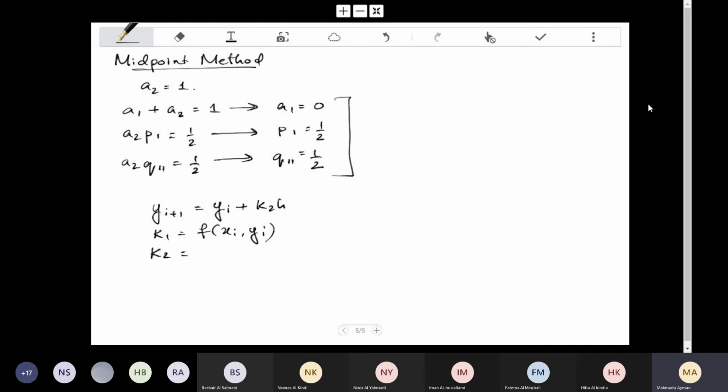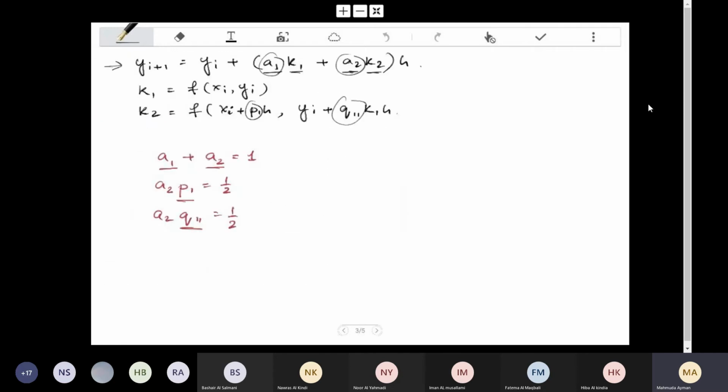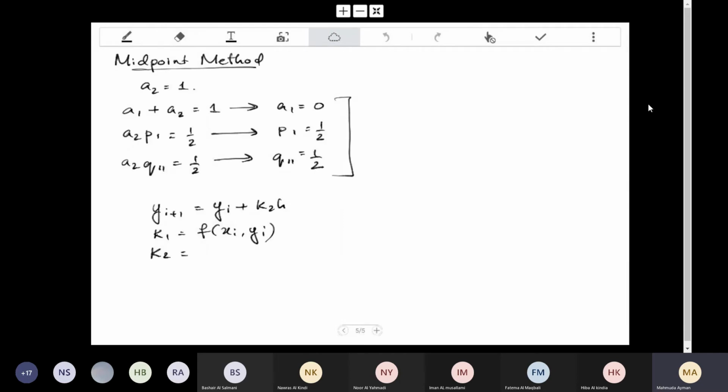For k2, if you work with the values here, you will get the function at the point xi plus half h, comma, yi plus q11, which is half, times k1 times h.